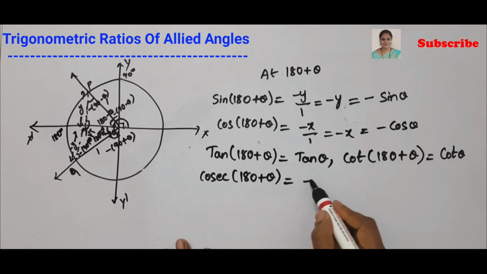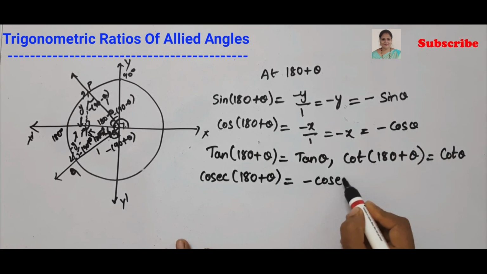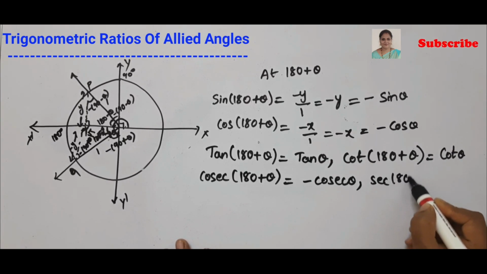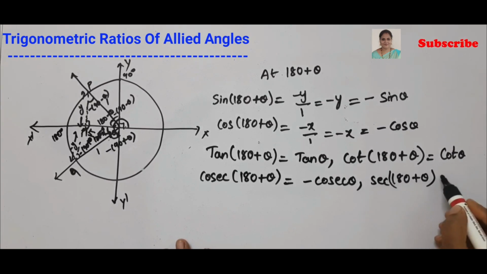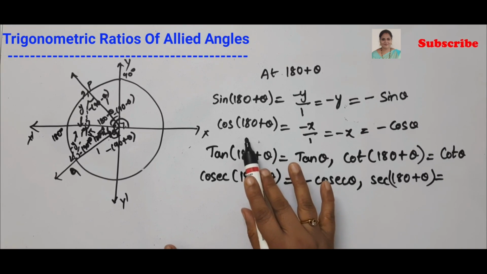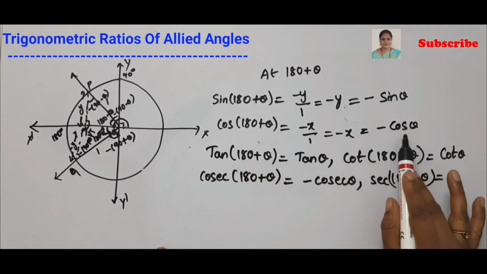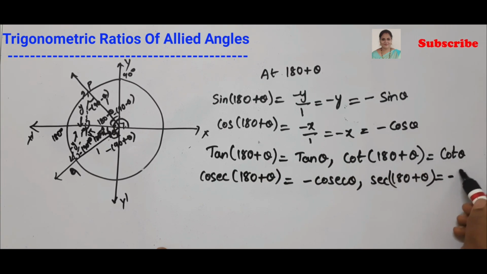So we will get minus cosecant theta. Secant 180 plus theta is nothing but 1 by cos 180 plus theta, which is 1 by minus cos theta. So we will get minus secant theta.